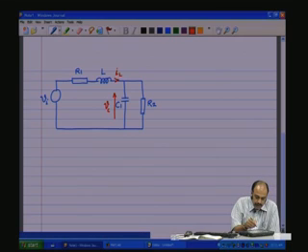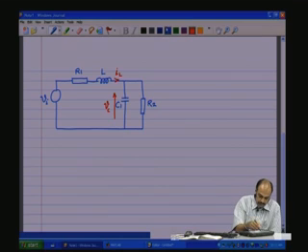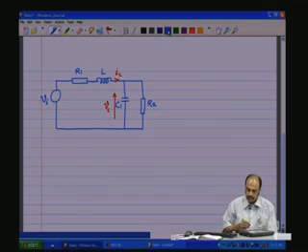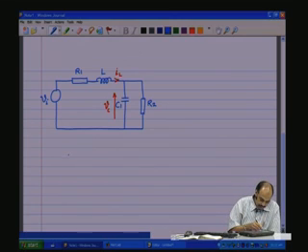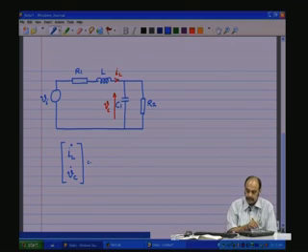Now, here I will write down the state equation directly, because this we had done before. Let me put it down as IL dot, VC dot, this is the state vector x dot.